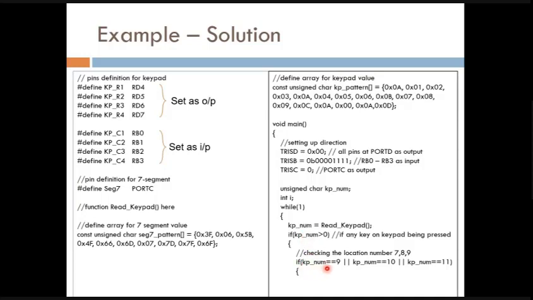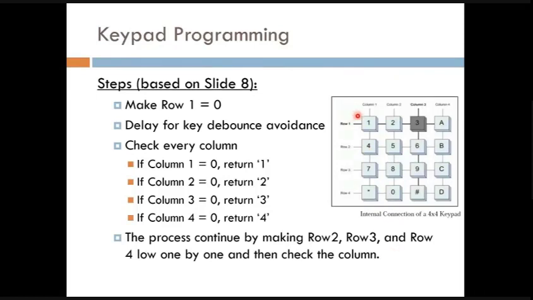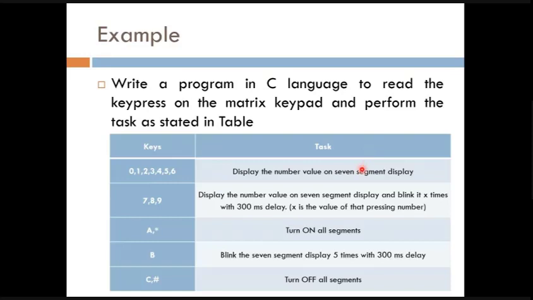If kp num double equal is equal to 9, or kp num equal to 10, or kp num equal to 7. Here you are checking the location and not the keypad value, not the character value. The keypad location would be location 1, location 2, location 3, location 4, location 5. Not the value 1, not value 2, not value 3, not value A. You are not comparing with the value, you are comparing with the location only.